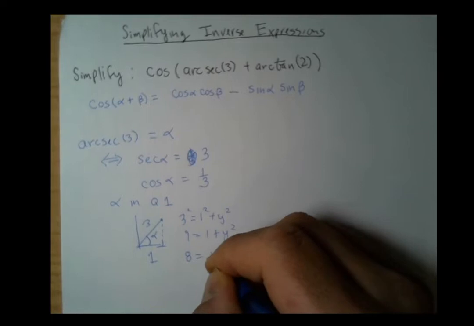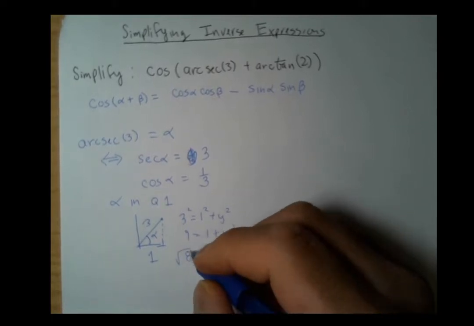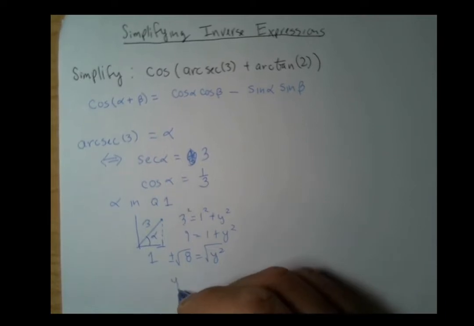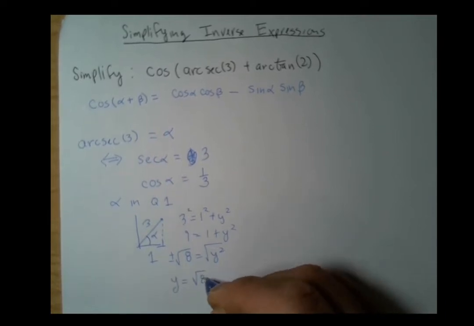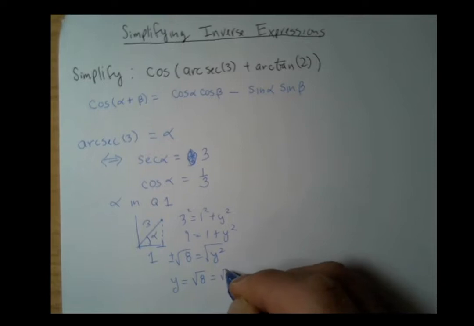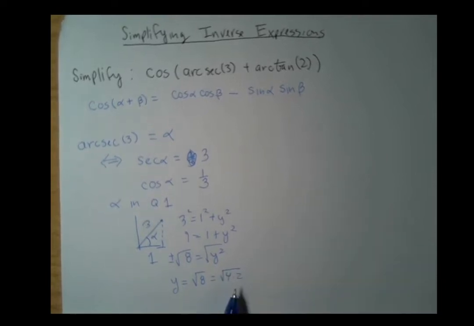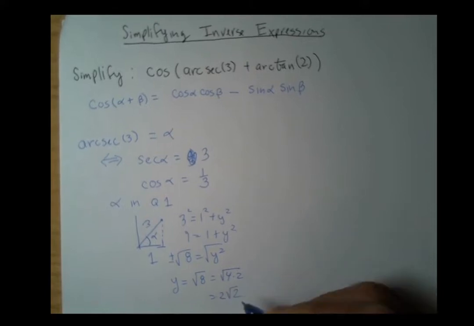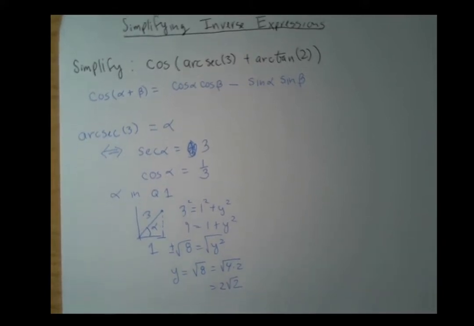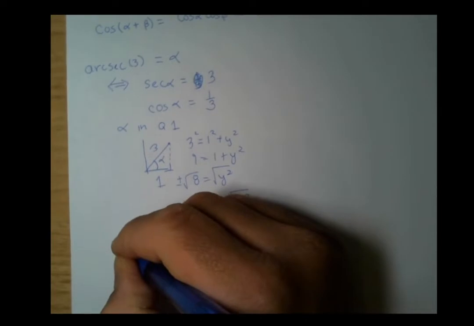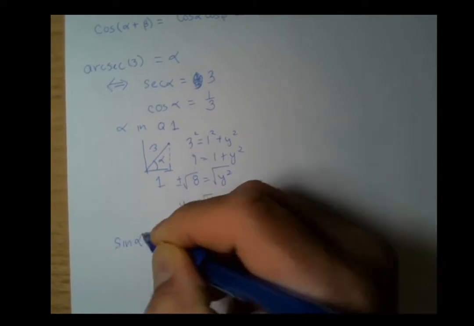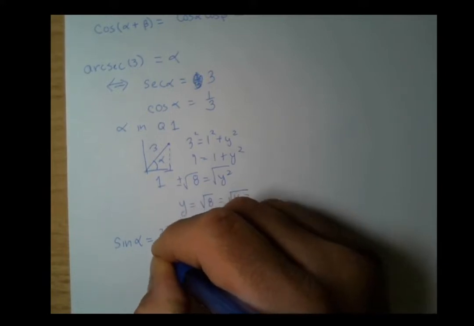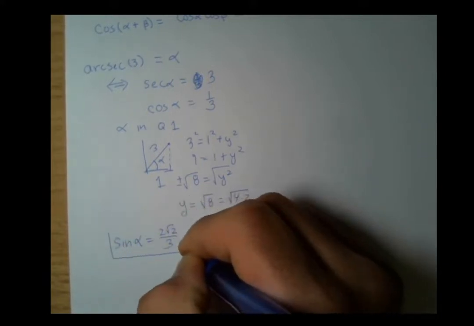Take the square root; whenever we're dealing with square roots it's plus or minus, but since we're in quadrant 1, we stick with positive. Reducing this, since one of the factors is a perfect square, that becomes 2 root 2. So sine of alpha is equal to 2 root 2 over 3.